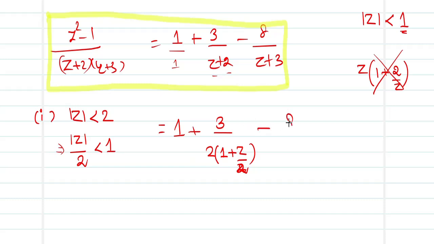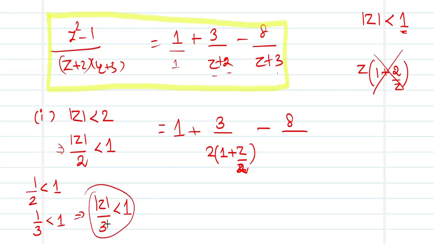So the second term will be 8 divided by, I have a 3. I know that 1 by 2 is going to be less than 1. What can you say about 1 by 3? Yes, 1 by 3 is still less than 1. So this says that mod z by 3 will still be less than 1. So now tell me, I need a z by 3 format. What will be the term that I will have to pull outside? Yes, you are right.